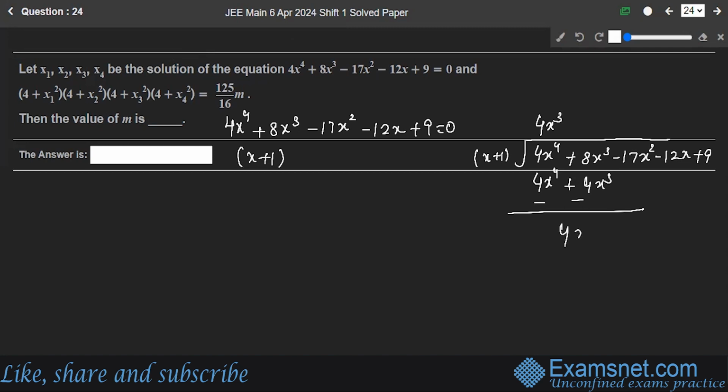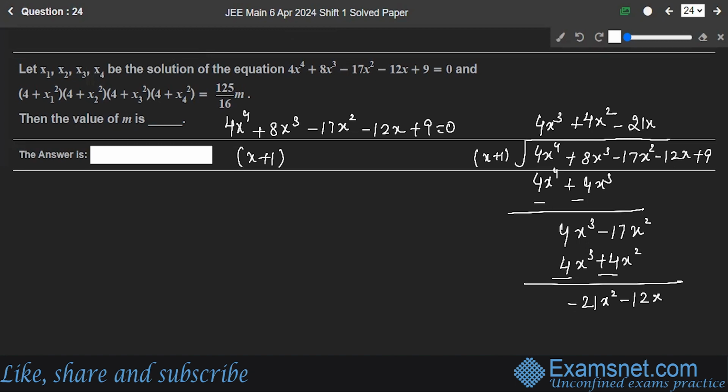This is 4x cube minus 17x square. So this is again 4x square. Now 4x cube plus 4x square, minus. This will give me minus 21x square, minus 12x, right? So here will be minus 21x. So minus 21x square and minus 21x.